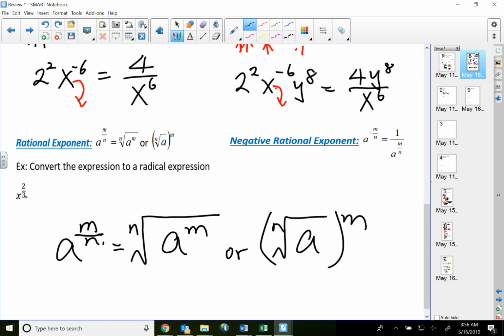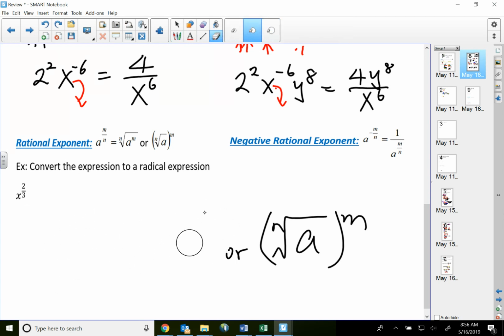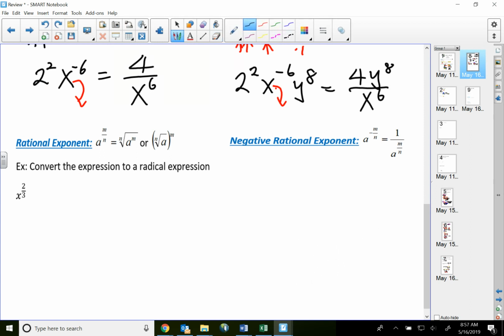So simply, I want to convert this x to the 2/3 power into a radical expression. Very important concept here, because every time we see a fraction exponent, automatically that becomes a radical. So x to the 2/3 power: the denominator 3 determines the root, so I have a cube root.